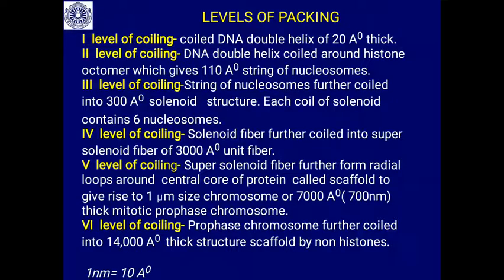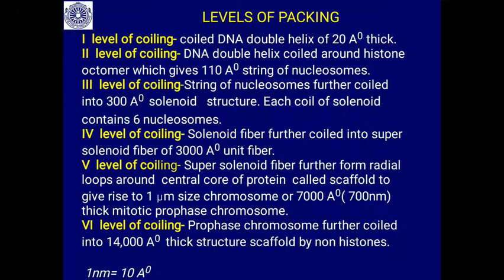Then the fourth level of coiling: the solenoid fiber is further coiled into a super solenoid fiber of 3000 angstrom unit fiber. This is during prophase. Then the fifth level of coiling: the super solenoid fiber forms radial loops around the central core of a protein called scaffold, to give rise to a 1 micrometer size chromosome, or 7000 angstrom, or 700 nanometer thick mitotic prophase chromosome.